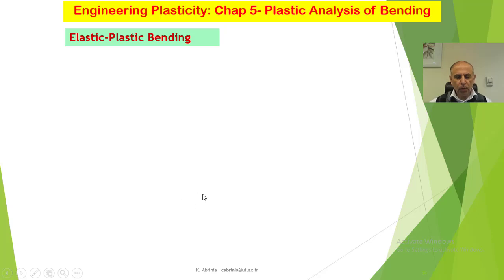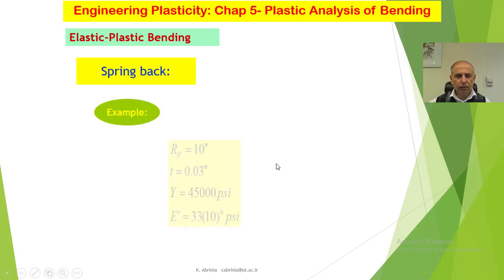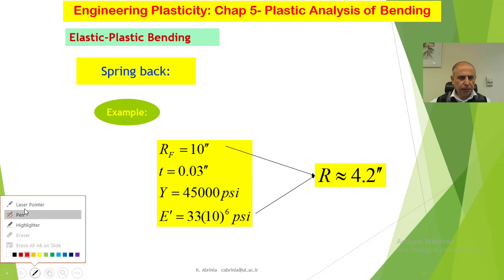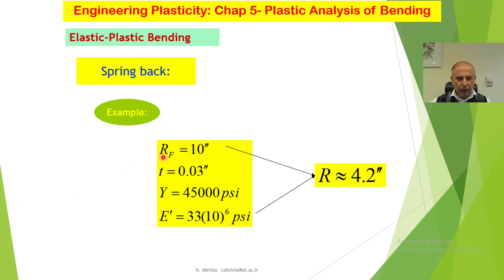While if we go back to this slide, this example that we solved, if you remember, we had these dimensions. We wanted to get a bend with a final radius of 10 inches.